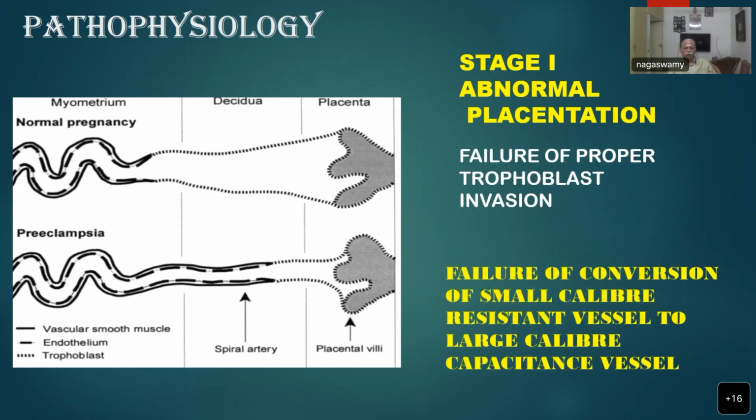So there is failure of conversion of a small caliber resistance vessel to a large caliber capacitance vessel. When the muscle coat is there, it acts as a vessel with resistance. When that muscle coat has been removed by the invasion of trophoblast, it becomes what is called a large caliber capacitance vessel.